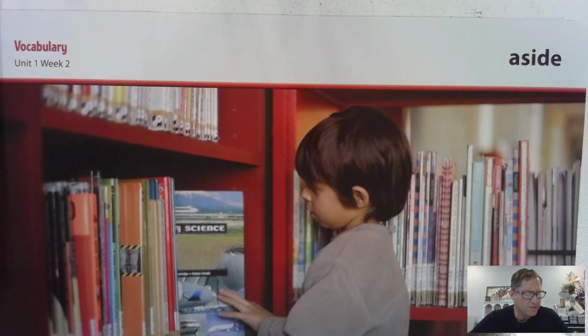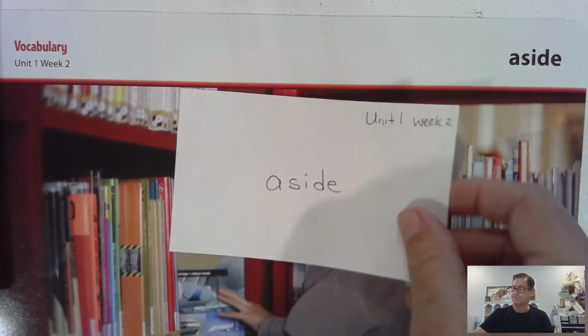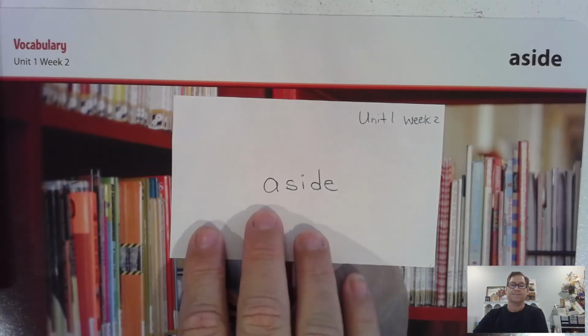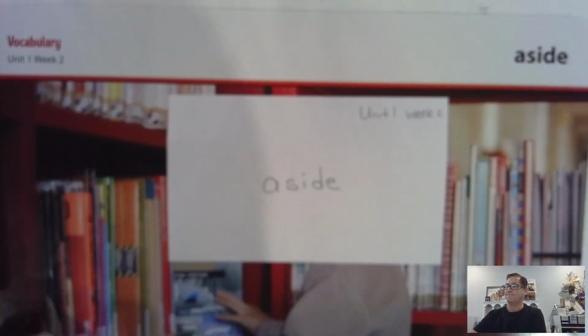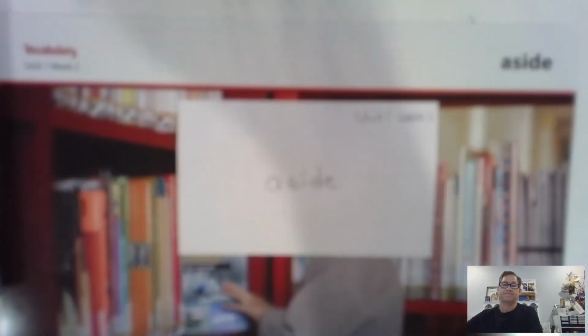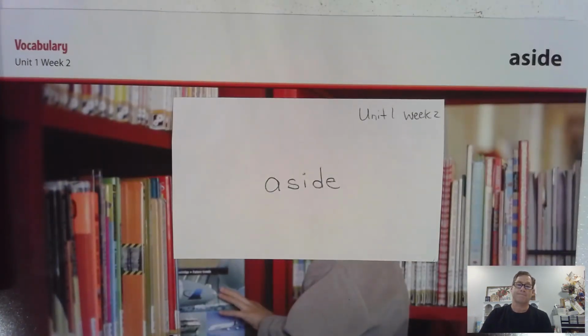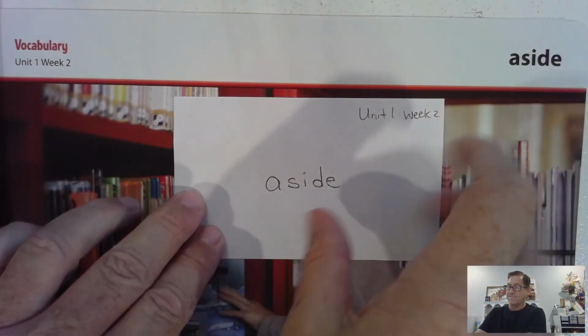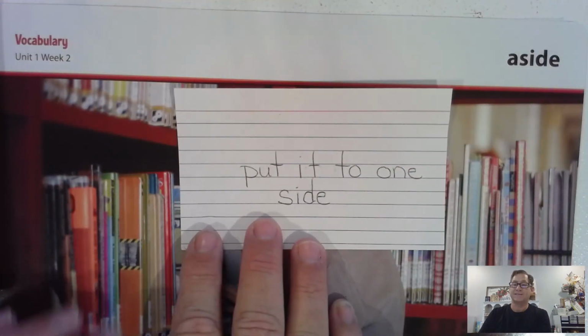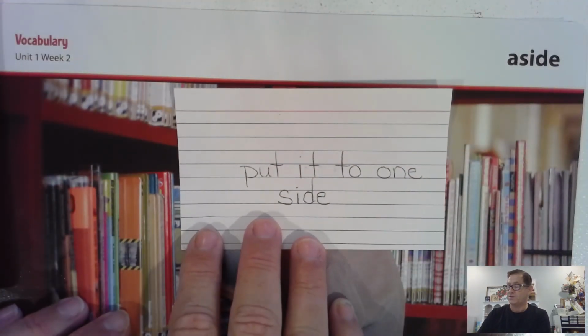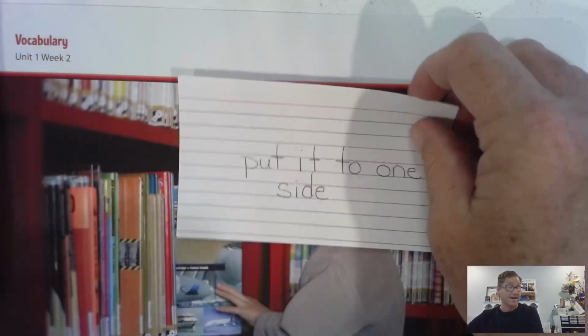Describe why a person might move something aside. Aside should be written on one side. And the definition, put it to one side. Put it to one side. Aside.